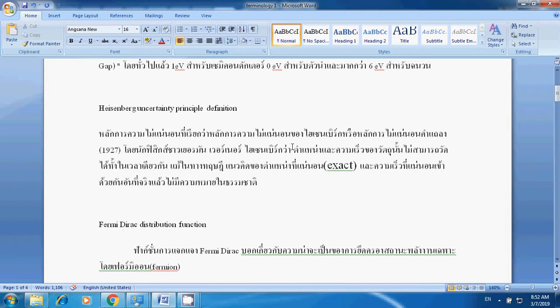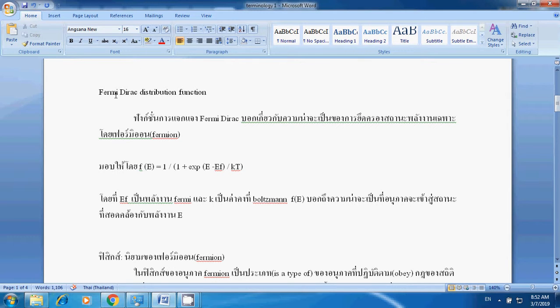It states that the position and velocity of any object cannot be measured at the same time, even in theory. The way of thinking of exact position and exact velocity together has no meaning in nature. Alright, that's the Heisenberg uncertainty principle definition.